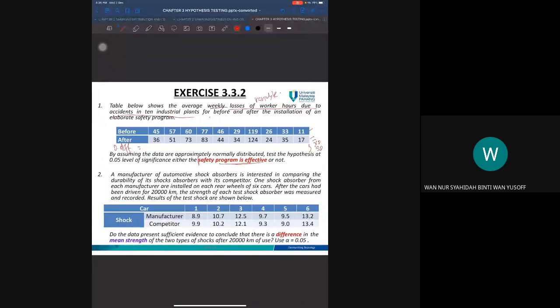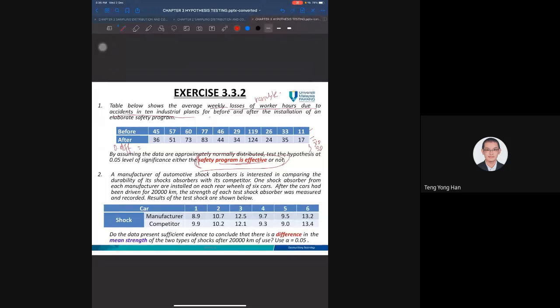How do we know the safety program is effective? This is your hypothesis. Anyone?